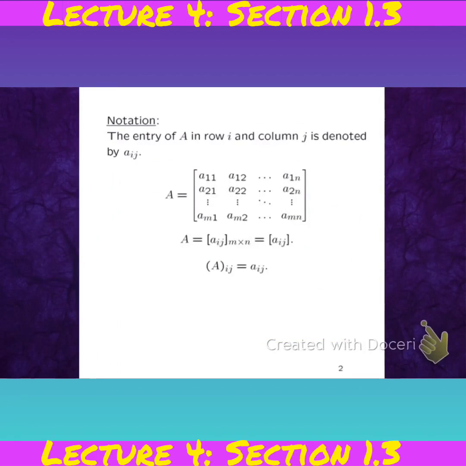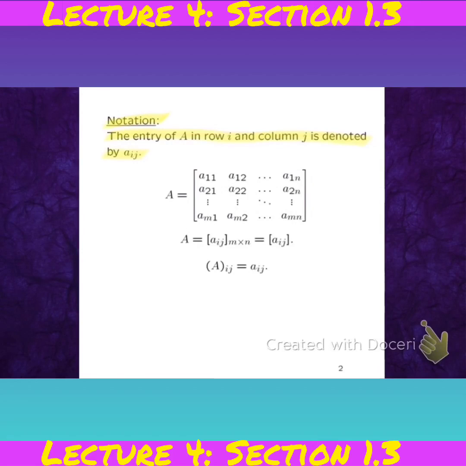Now, just a notational matter. The entry of a matrix A that occurs in the ith row and the jth column will be denoted by A with the subscripts ij. So i corresponds to the row and j corresponds to the column.